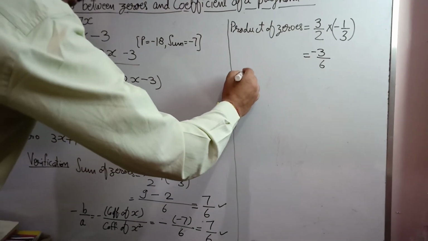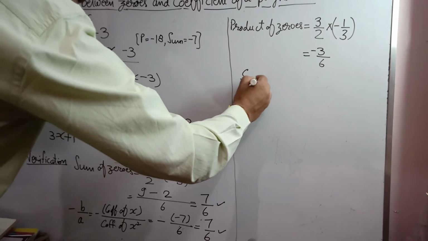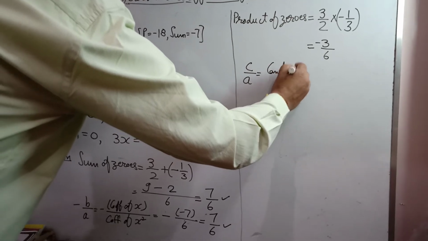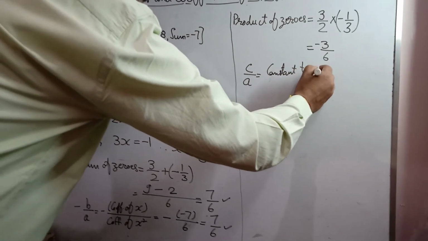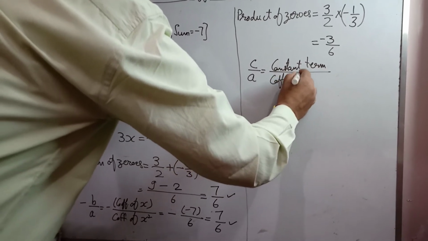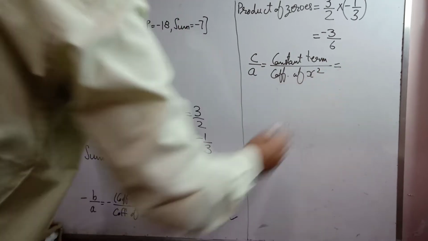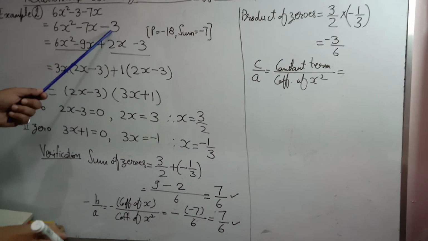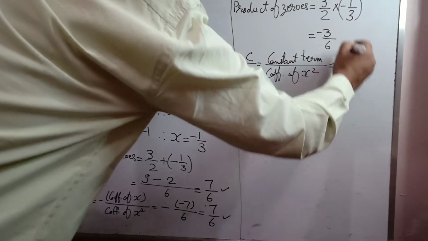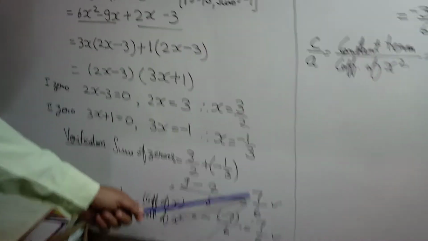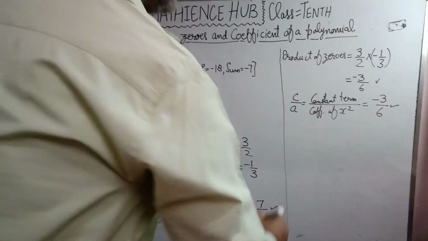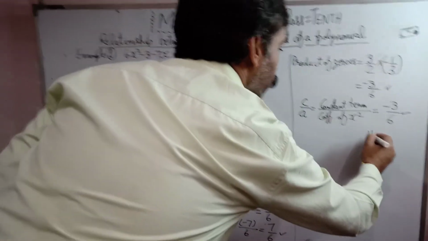By formula, c upon a. C means the constant term and a means the coefficient of x square. Here the constant term is minus 3 and the coefficient a is 6. So here we get minus 3 upon 6. So you see 7 upon 6, 7 upon 6, minus 3 upon 6, minus 3 upon 6. This is verified.